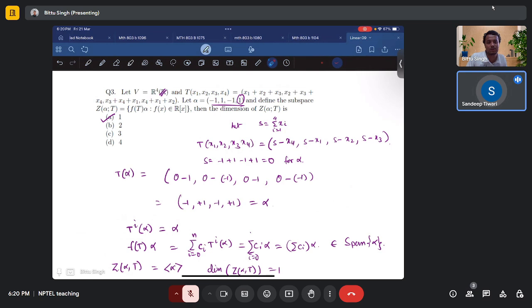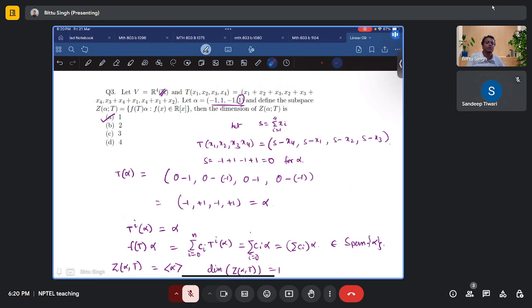Sir, can we say that the minimal n such that T to the n alpha is equal to alpha is the dimension of this space? No, you cannot always say that, because T to the n alpha may not be the same as alpha. That is a problem.